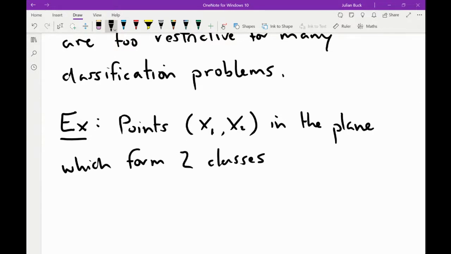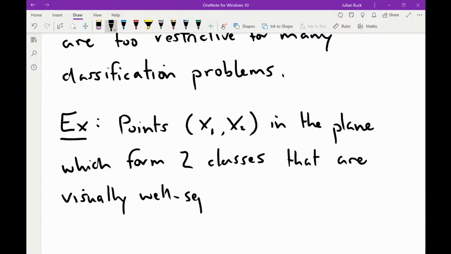As in the previous example, our points in the feature space have coordinates coming from the features, but then the classes that we're classifying to will be indicated by a color or a shape. So they form two classes that are visually, at least, well separated by a circle. Okay, so we can kind of see a separation shape.